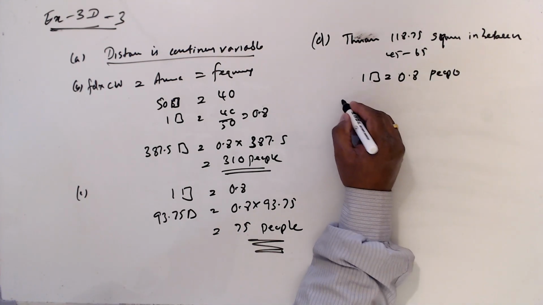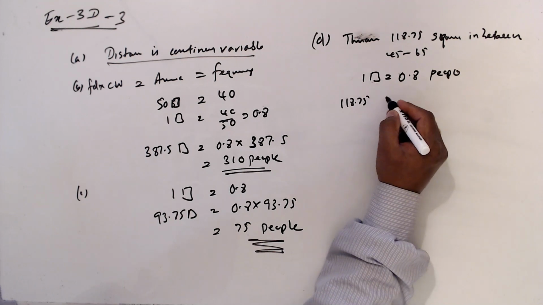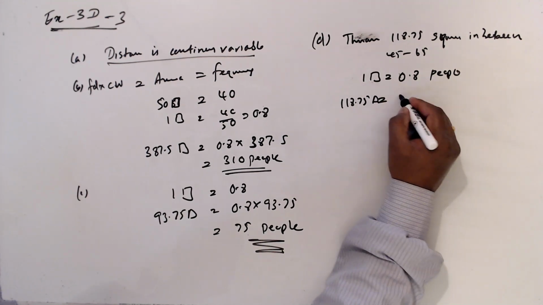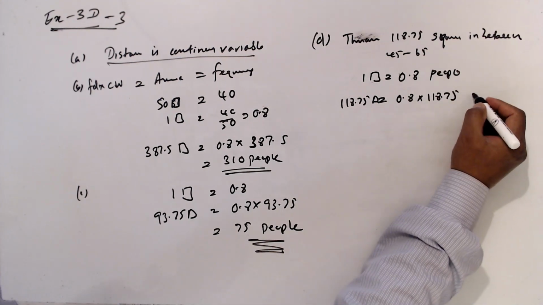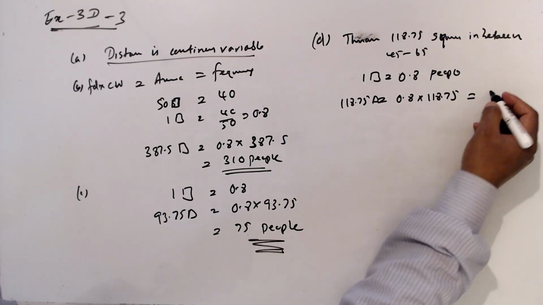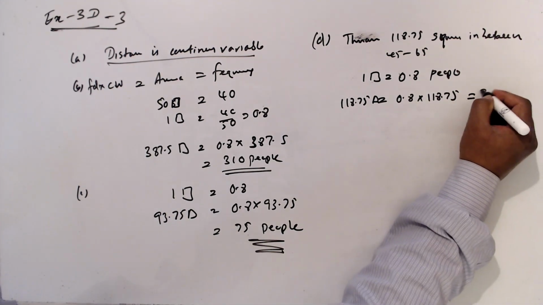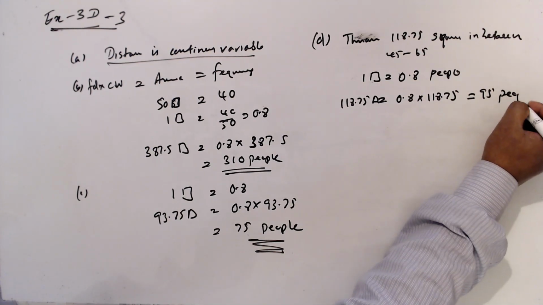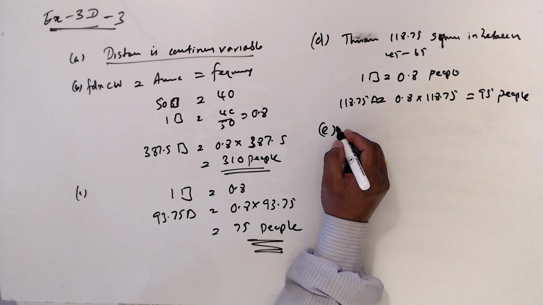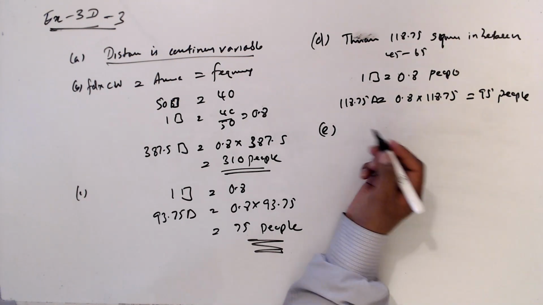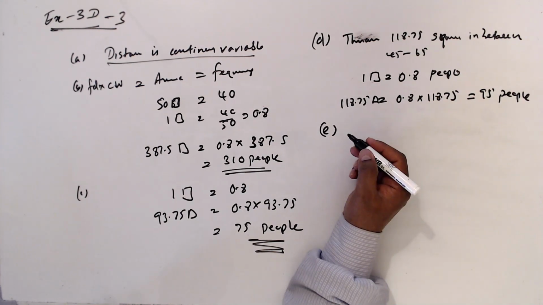Then the 118.75 boxes represent 0.8 times 118.75. It is 95 people.